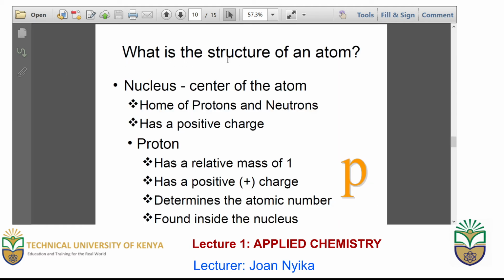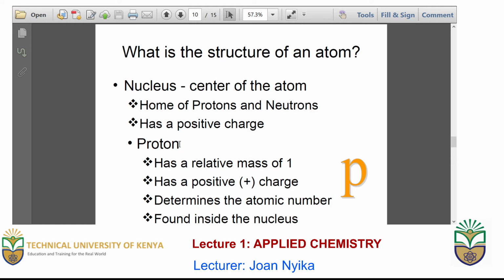So, what is the structure of an atom after understanding the various aspects of an atom? First, we have a nucleus. The nucleus is the central part of an atom, and it contains protons and neutrons, and is positively charged because protons are positively charged and neutrons do not have any charge.